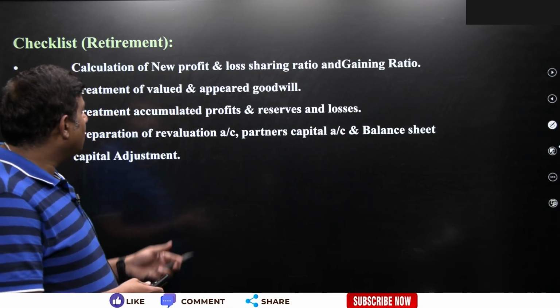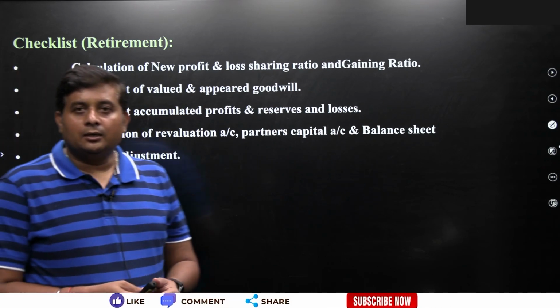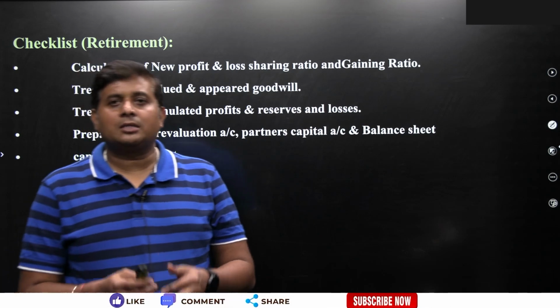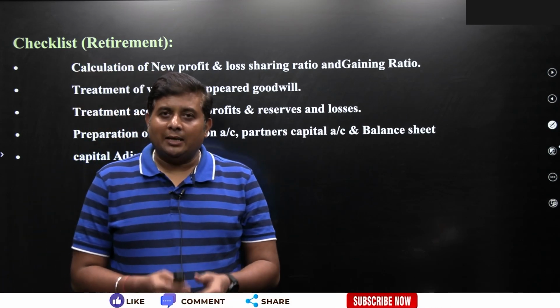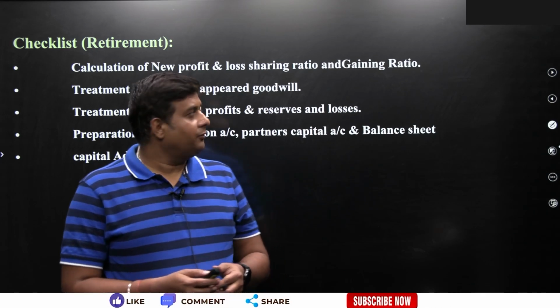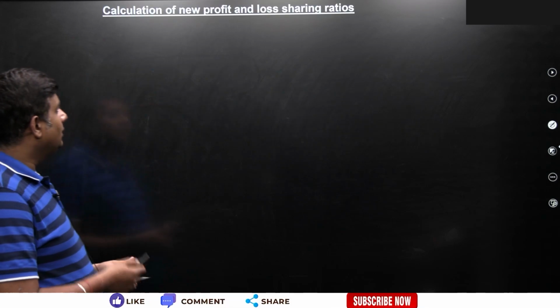Next is treatment of valued and appeared goodwill. Third is treatment of accumulated profits, reserves and losses. Next is preparation of revaluation account, partners' capital account, and balance sheet along with the capital adjustment. So let's start with the first concept, that is calculation of the new profit and loss ratio and gaining ratio.